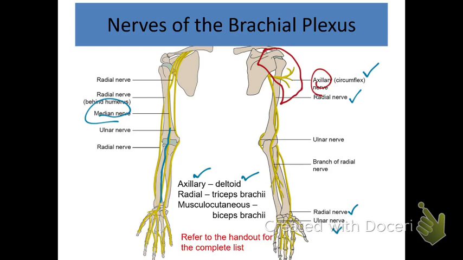Likewise, the radial nerve comes down and it goes right here, and it's going to control your triceps brachii. The nerve that's not shown here, the musculocutaneous, is going to be controlling your biceps brachii. So look at that handout. I think there's 26 or 27 of those nerve muscle combinations that you'll need to learn. So while we're not directly testing on the muscles and bones from the first lab exam, you can't forget it. You'll be applying that information as we move forward.